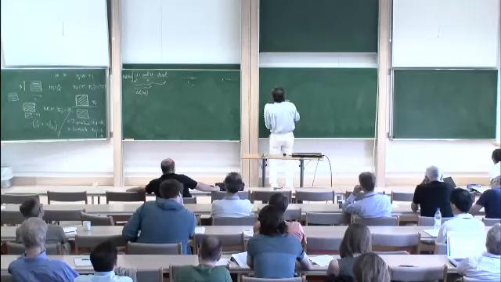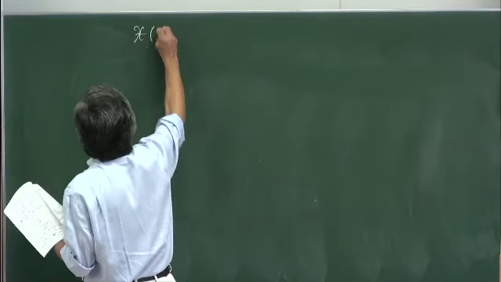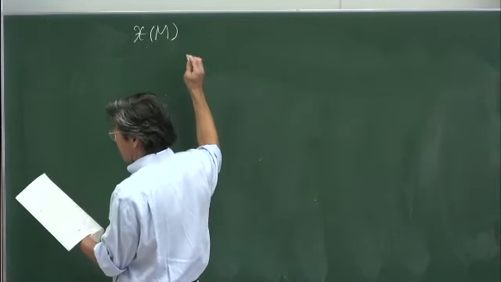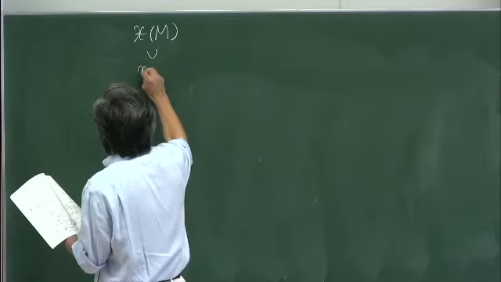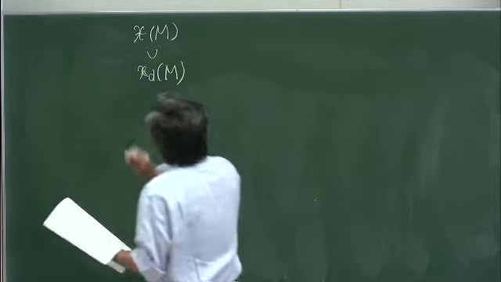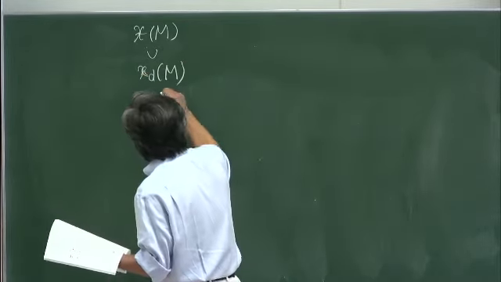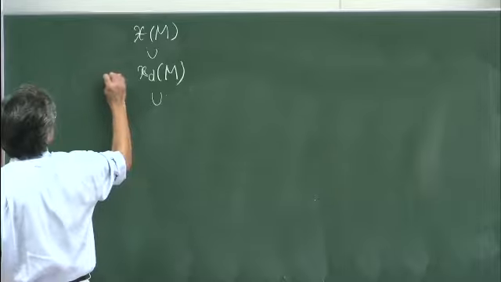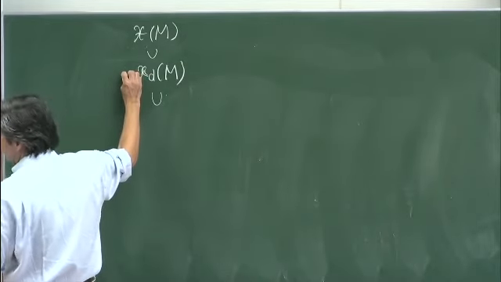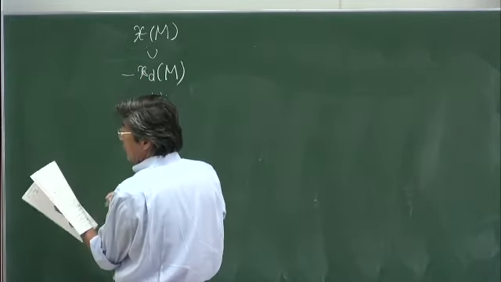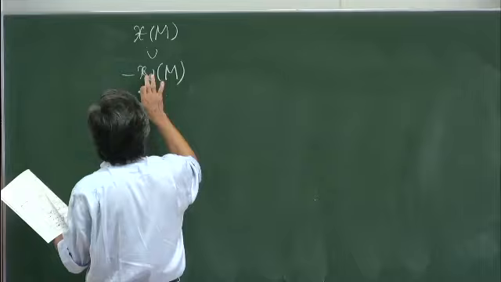So here is the space of vector fields on the manifold, and inside we have the divergence-free vector fields. If the manifold has non-trivial topology, then it has first cohomology.